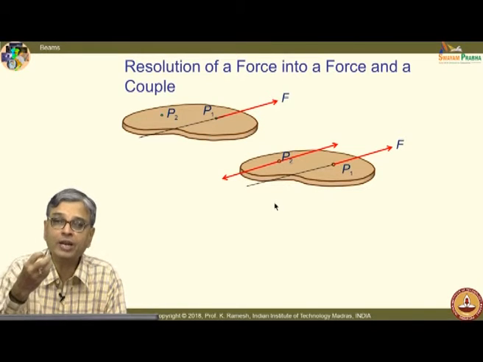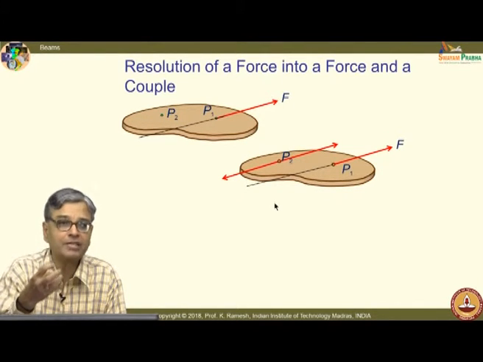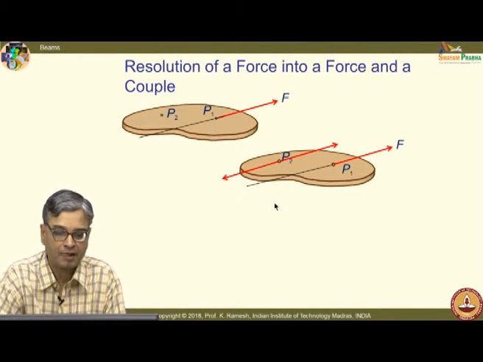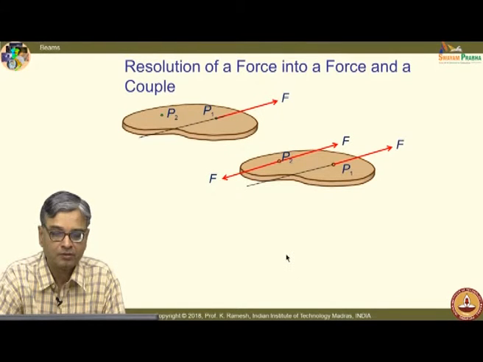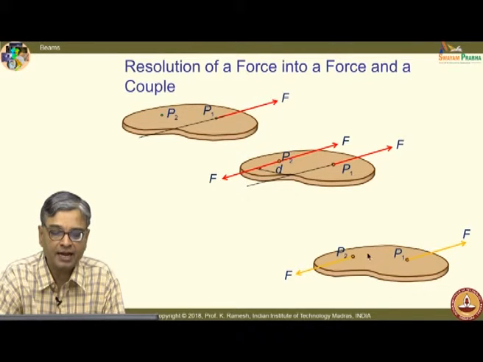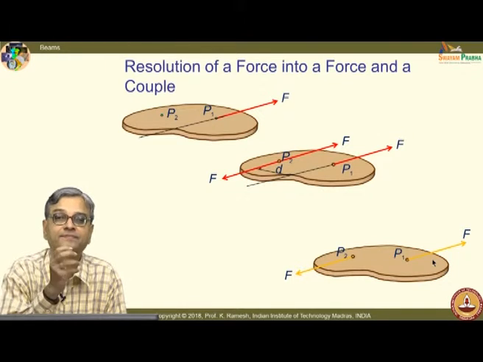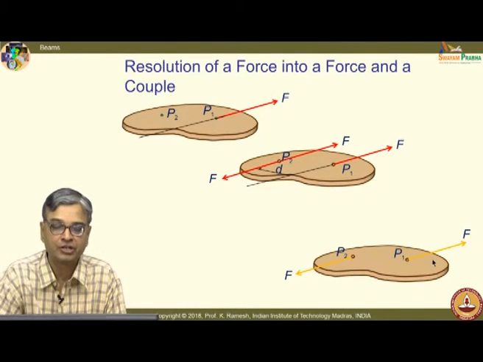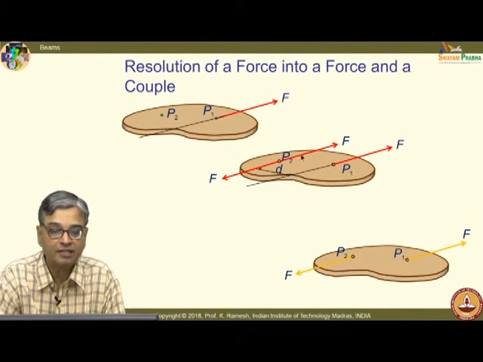Now, I would visualize this from a fresh perspective. You have the perpendicular distance as d, and I have shown these forces in yellow, so that I could visualize these two forces forming a couple. This force system is the same as this force system.